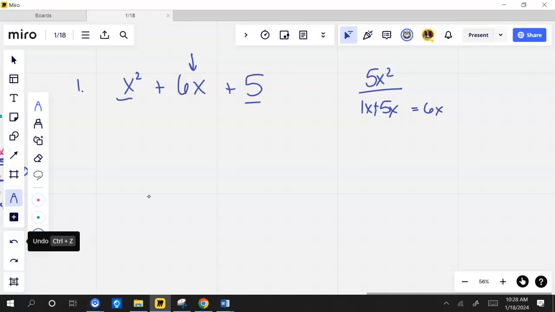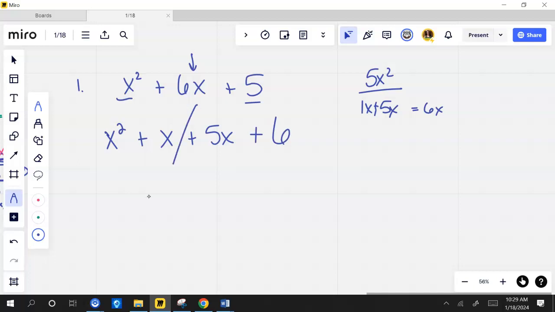All right, everybody okay? Once you get that part, the rest is fairly easy. That's the hardest part, is finding those two numbers. All right, so I've got x squared, and I'm just going to rewrite this, plus x plus 5x plus 6. Slash it into two problems.